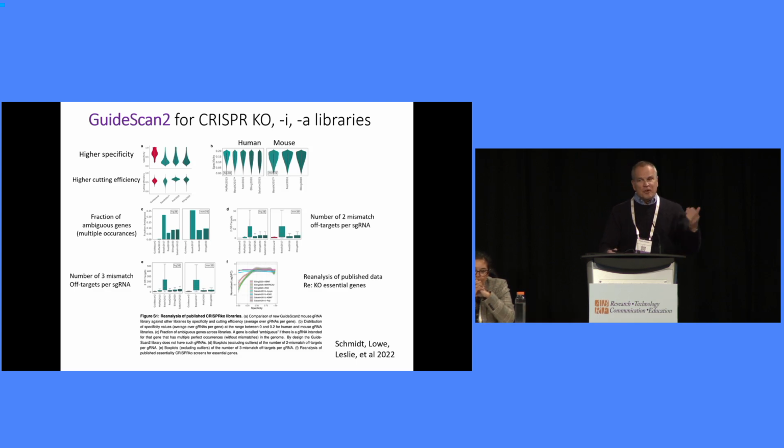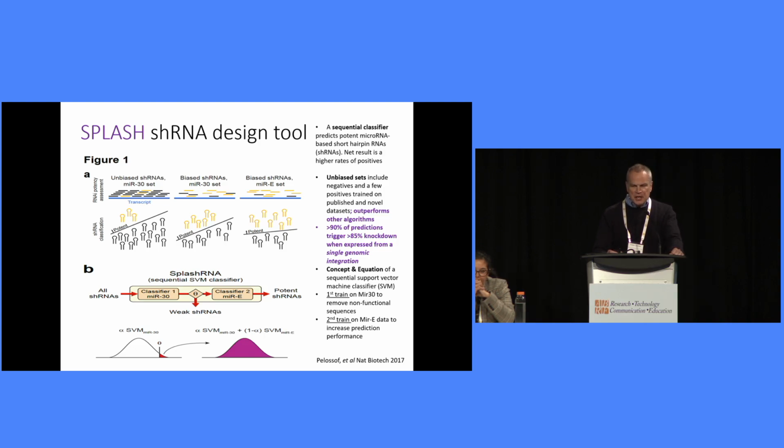Now, the problem of off-target wasn't only to CRISPR, it was also for shRNA, so we made a better tool and published that. So again, working with Rafi Pelossof and Christina Leslie, we published this tool. It's a sequential classifier that allows us to make better shRNA with fewer off-target effects.